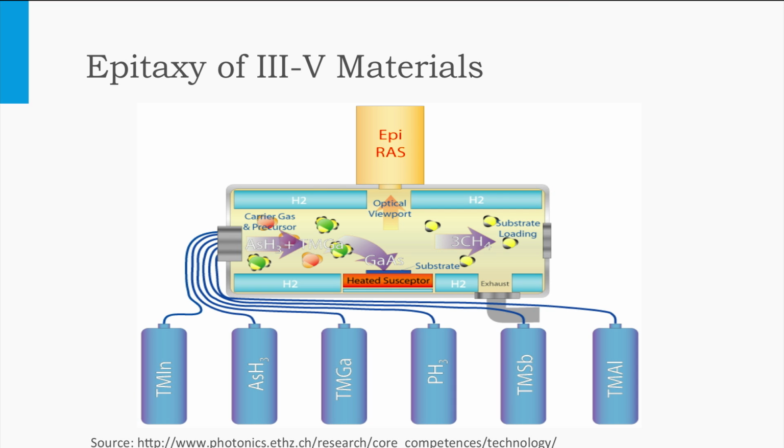In general, metal organic chemical vapor deposition, abbreviated as MOCVD, is used to deposit the 3,5 semiconductor layers. Typical precursor gases are trimethyl gallium, trimethyl indium, trimethyl aluminum, arsine gas and phosphine gas. Surface reactions of the metal organic compounds and hydrides containing the required metal chemical elements create the condition for the epitaxial crystalline growth.